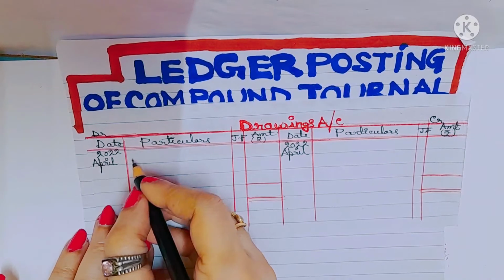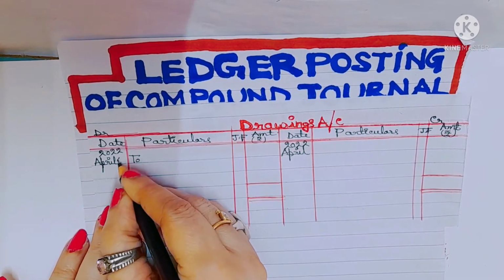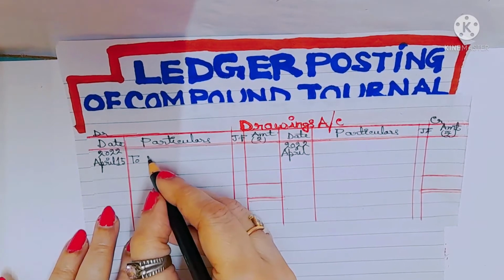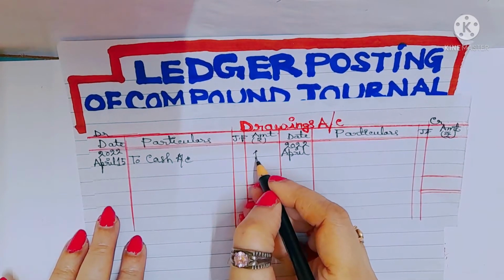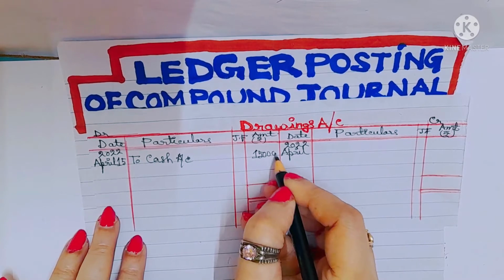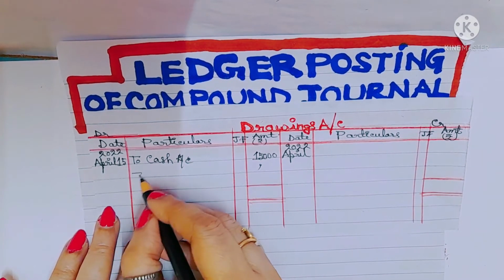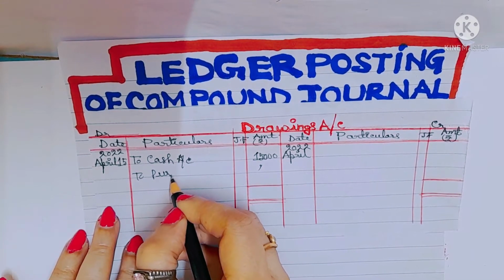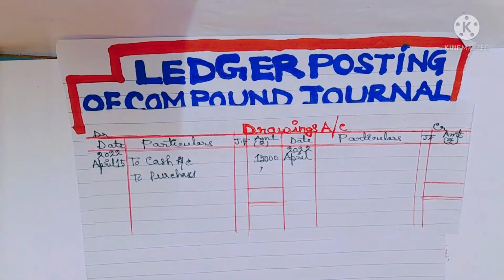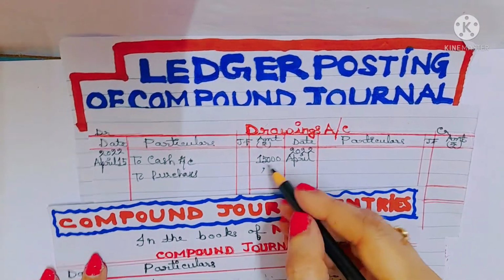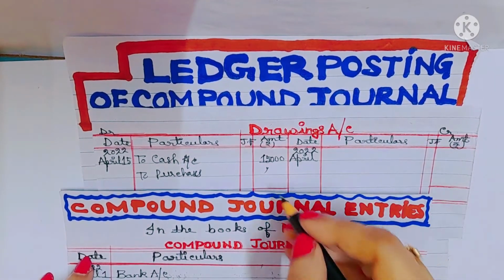Now let's do it. Drawings account is on the debit side, so on 15th April to cash account 15,000, to purchases account. How much is in the purchases account? 5,000.